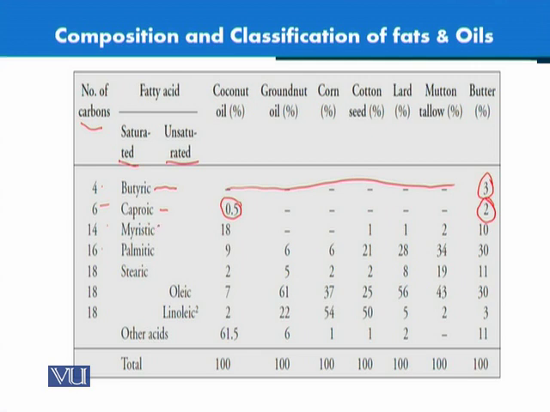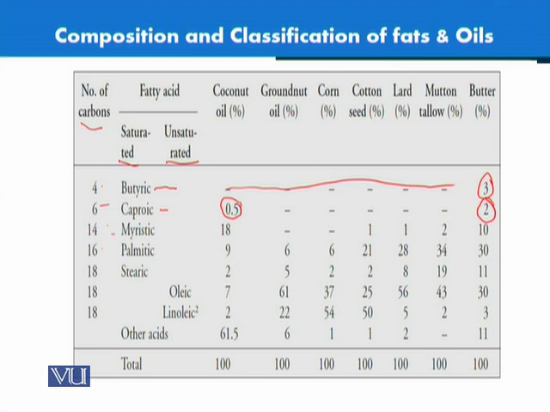And if you talk about the larger, bigger fatty acids like 14, 16, 18 carbon fatty acids, they are predominantly there. As you can see here, they are mostly present in all the different forms.